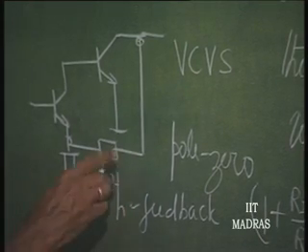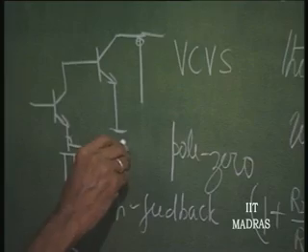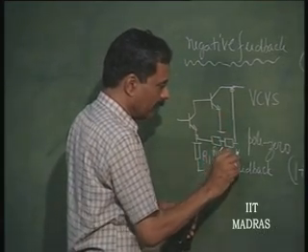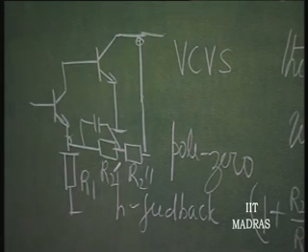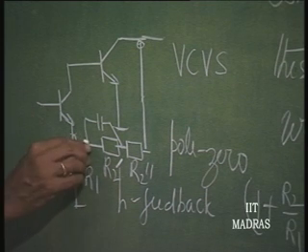We will split this as let us say R2 dash and R2 double dash, and provide a suitable capacitor across this, so that frequency compensation can be done.